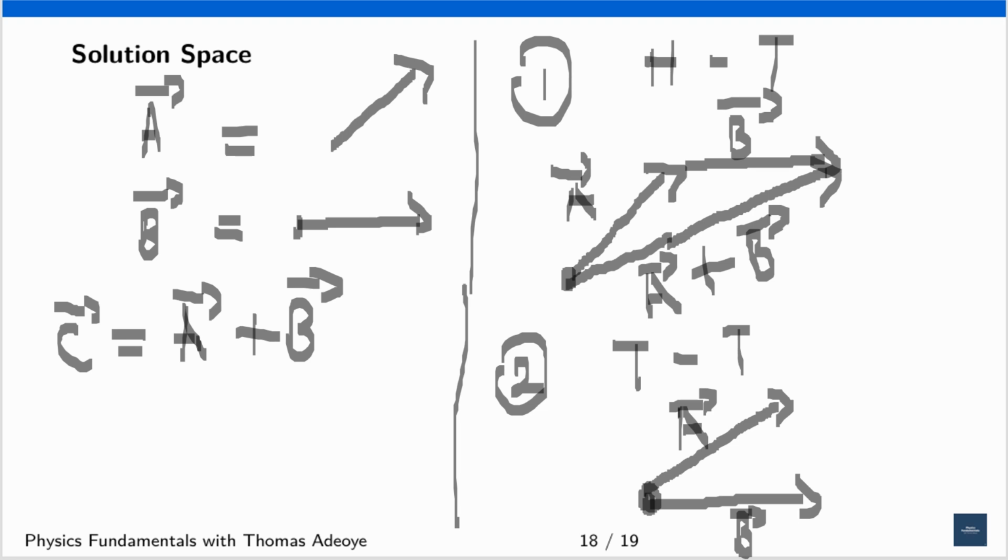Now for the first method, which is head to tail, the resultant is a line drawn from the tail of the second vector to the head. But as for tail to tail, the resultant will be drawn from the point of intersection, where the two tails meet.